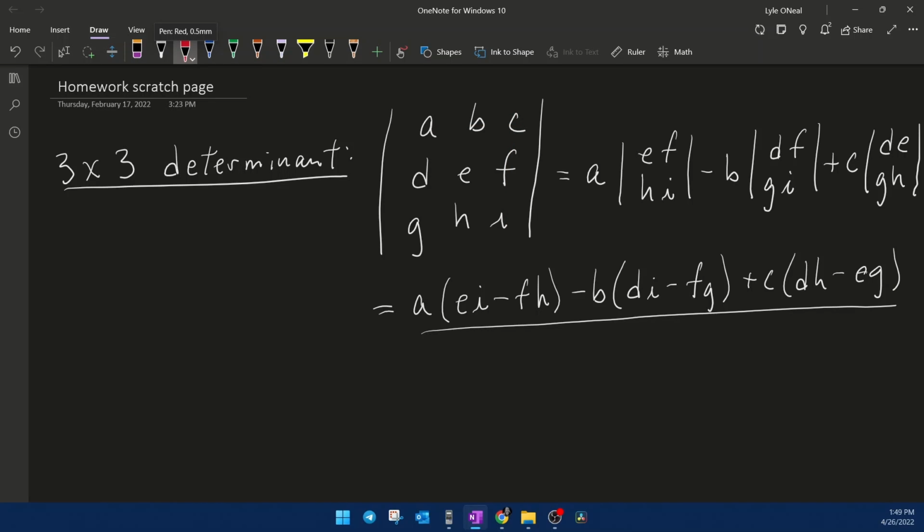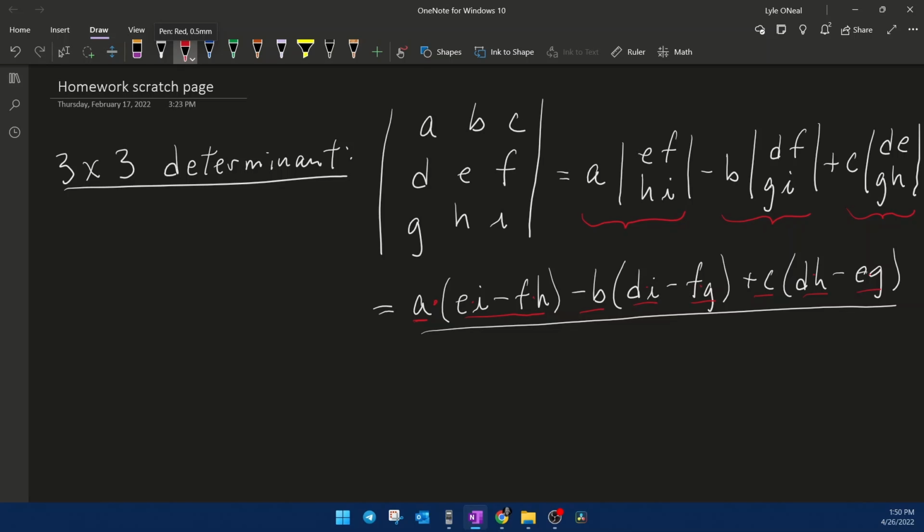And so then if you take each one of these terms and you expand it further, knowing how to calculate a 2 by 2 determinant, that ends up being A times (EI minus FH), and again, those are indicated multiplication, minus B times (DI minus FG), plus C times (DH minus EG).